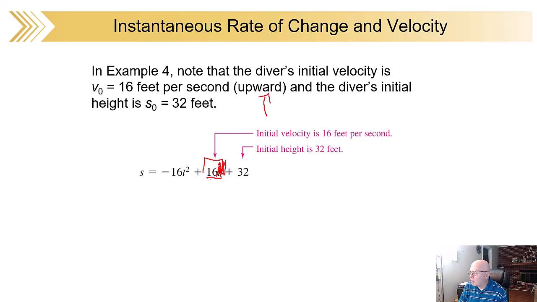And he's going upward at 16 feet per second as you start the stopwatch. 32 means how high he was. And this part here has to do with gravity working. If we were actually on the moon, some of this would be different. This part right here would be different.